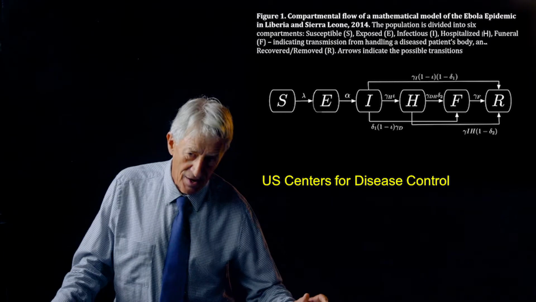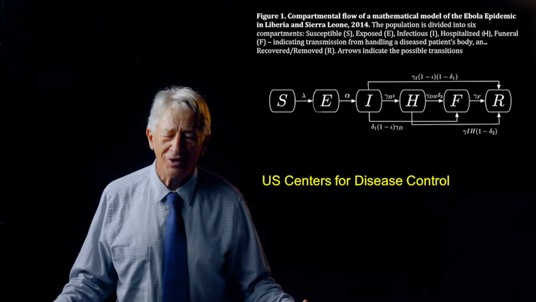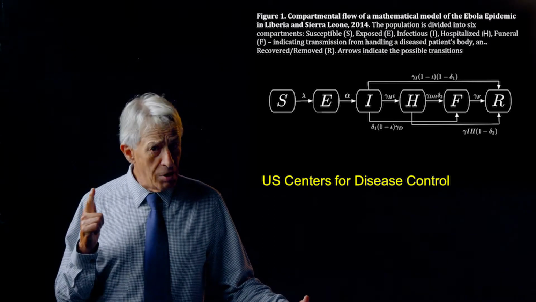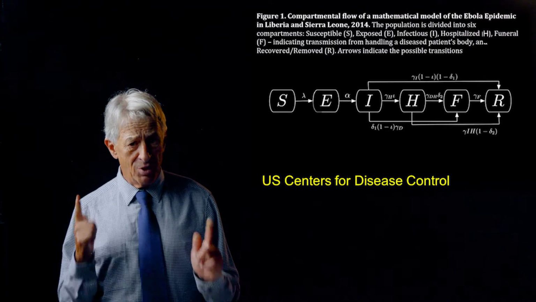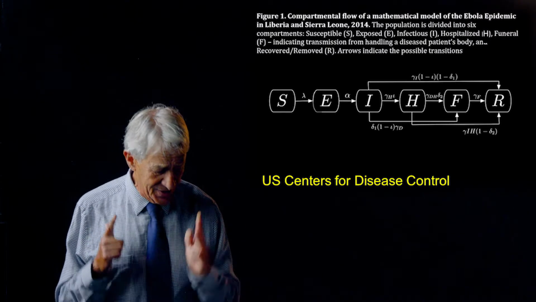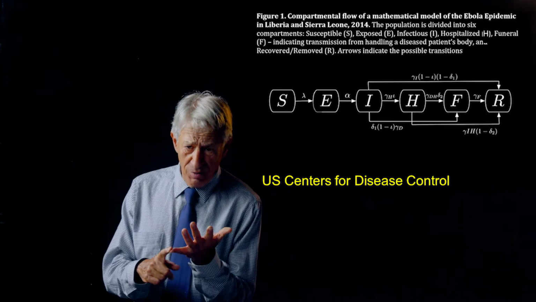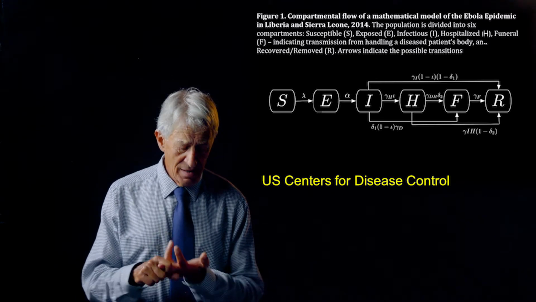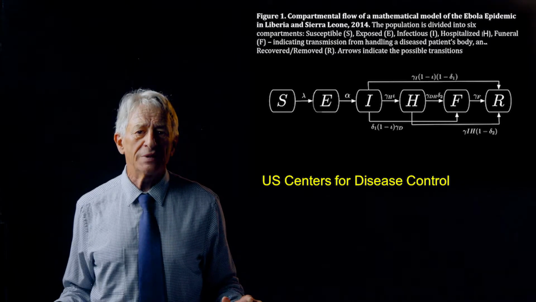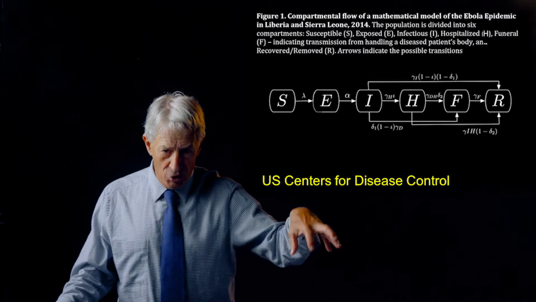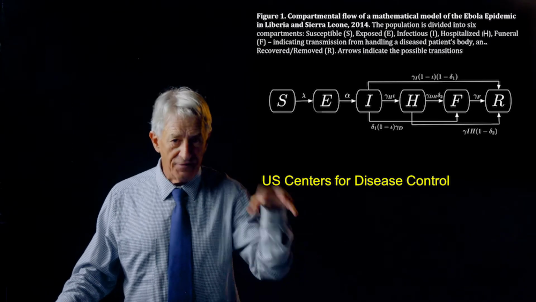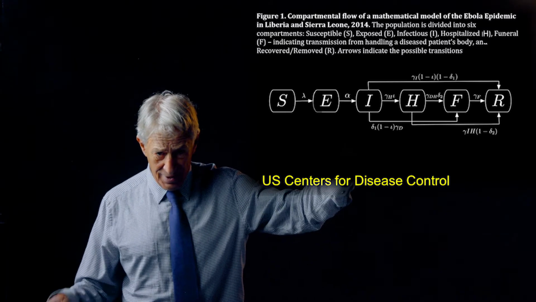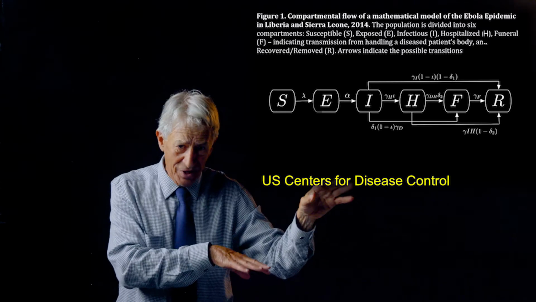Here is an SEIHFR model standing for susceptible, exposed, which in the case of Ebola is not quite the same thing as infected. So we have susceptible, exposed, infected. The H stands for hospitalized, because that's a category, and some of the infecteds get hospitalized and some of the infecteds do not get hospitalized, and they're going to give rise to different dynamics.